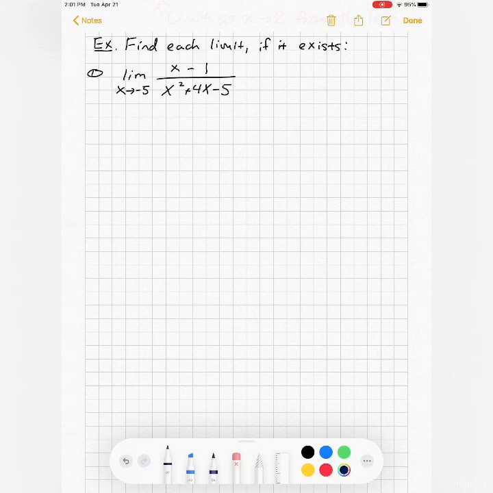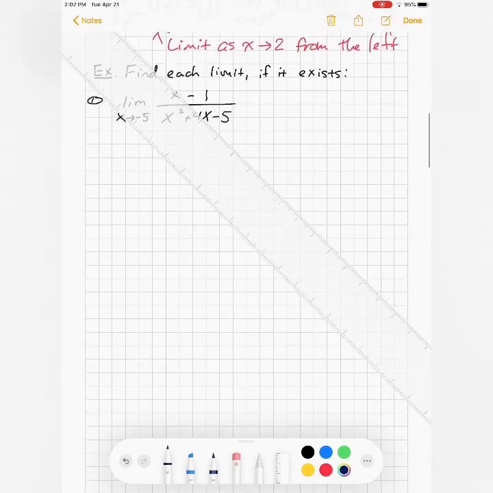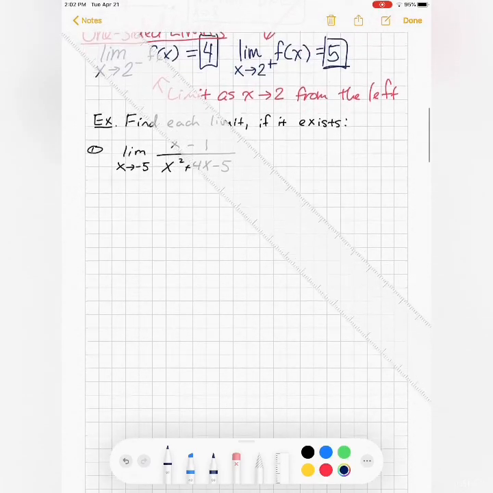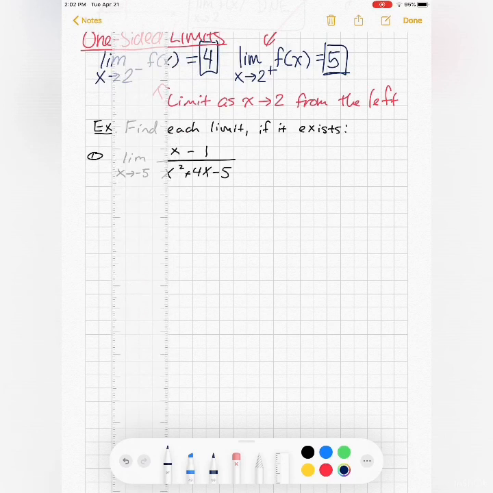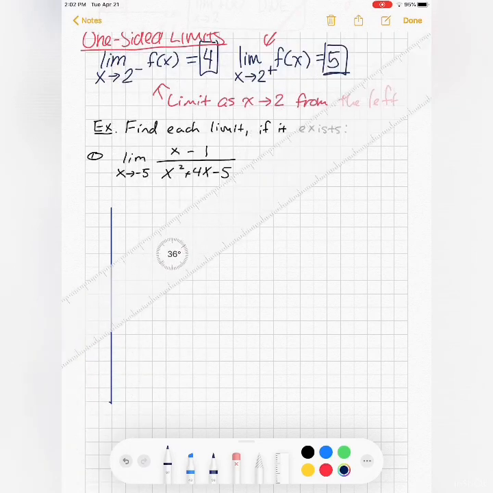I have a couple ideas for this one. Let me start with something really basic. If I think about the definition of a limit, let me set this up first, and I'll go back to what I was thinking.